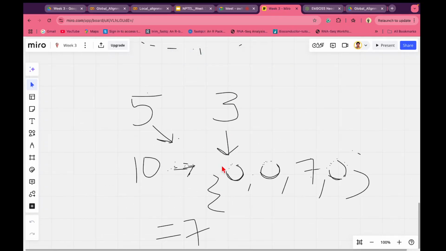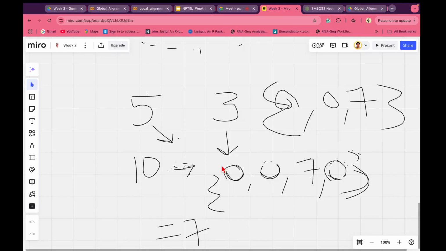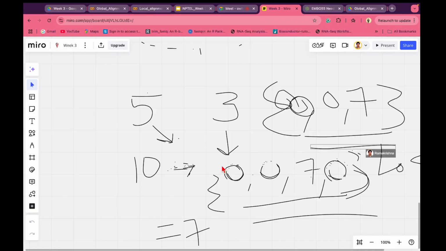So first I have made the alignment like this. In global alignment, we have only three conditions. If we consider global, it is 0, 0 and 7. If we take local alignment, this is how the construction happens.